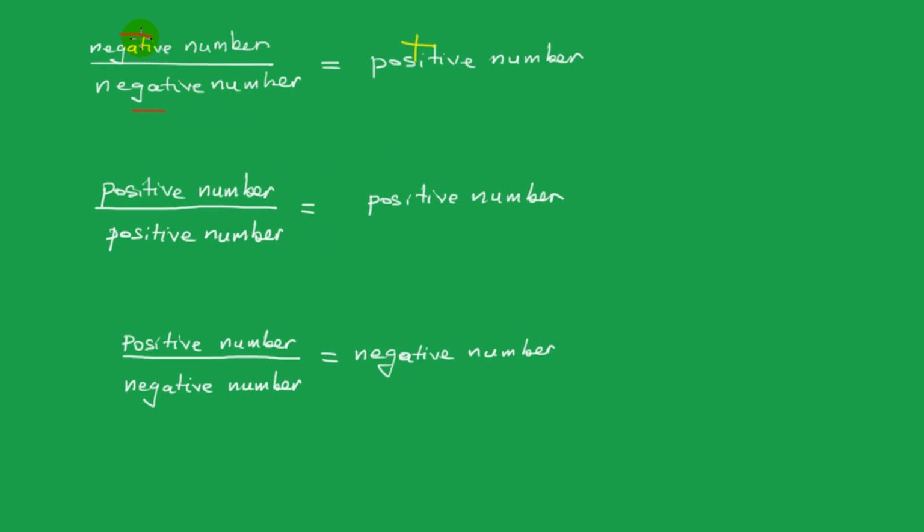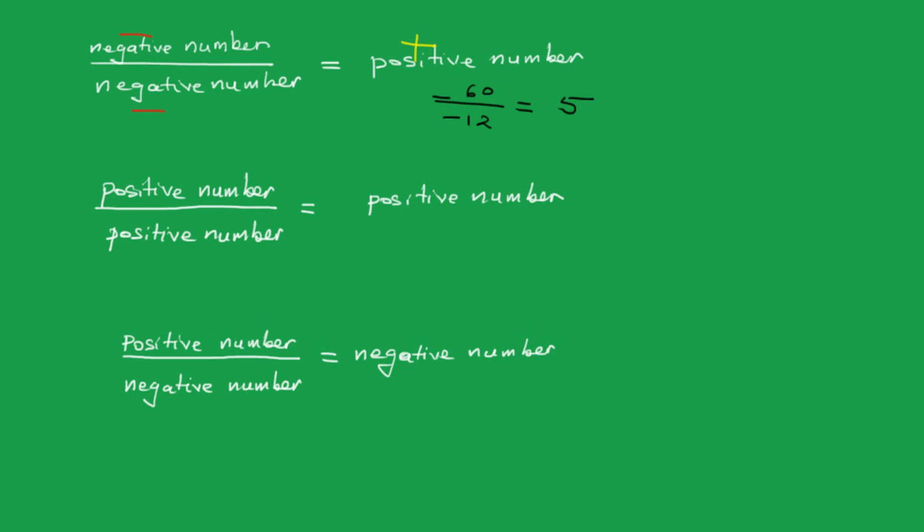But here, we have also the same kind of rule. Negative divided by negative is positive. So if you have, for example, negative 60 divided by negative 12, the answer is positive 5.